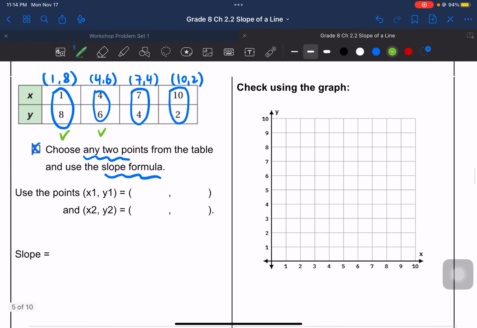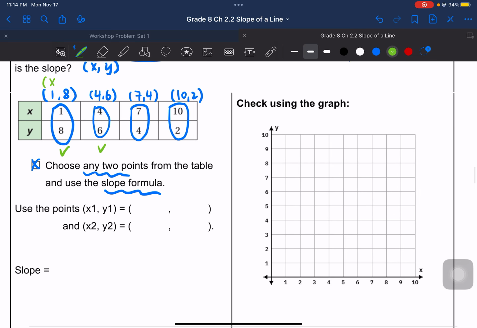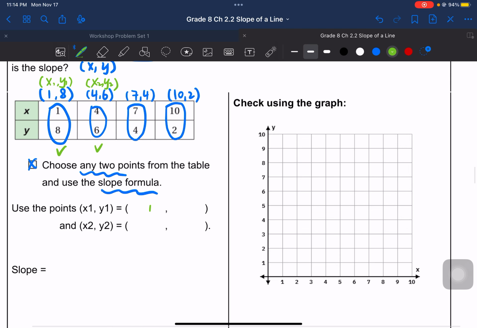So if we choose the first one as my x1, y1, and the second as x2, y2. So my x1, y1 is 1, 8. x2, y2 is 4, 6. And our slope is rise over run, which is changing y. So let's do y2 minus y1 over x2 minus x1.